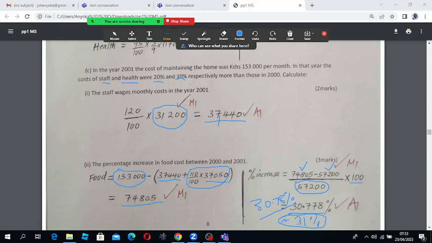Because accuracy in mathematics is mostly attached to 4 figures. So 4 significant figures. Don't go to the extreme of giving your answer to the nearest whole number.